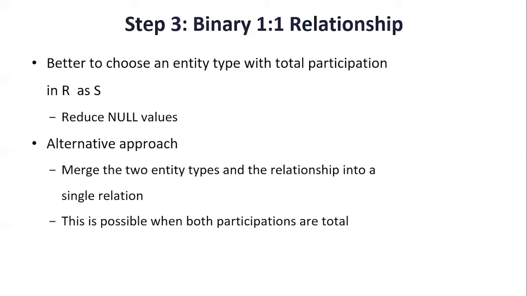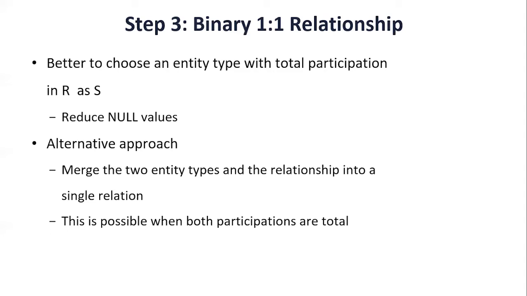Now since S has total participation, each and every record under S will have a related record in T. So every record in relation S will have a foreign key value corresponding to T. If we do it the other way, if we choose S as the side where we don't have total participation, then for those records that do not have a relationship, there will be null values for the foreign key.